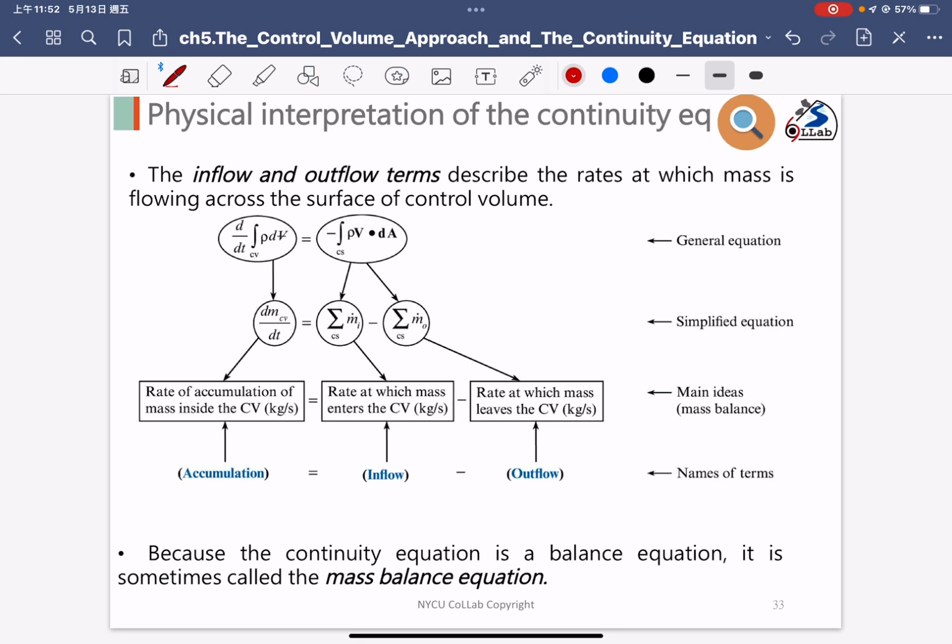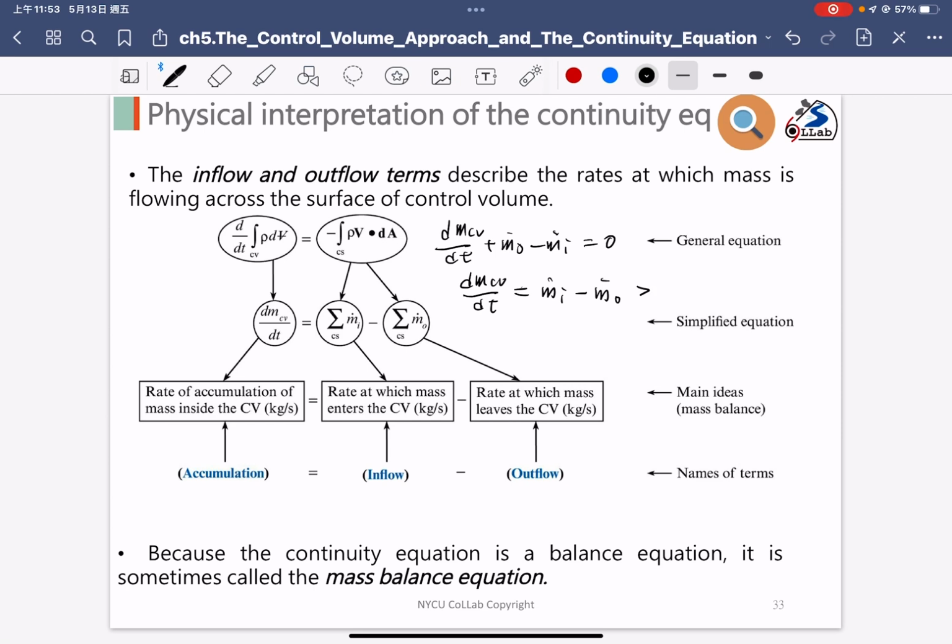So we can rewrite the equation: dm_CV/dt plus m out minus m in will equal 0, right? So we reorganize the equation: the m_CV change with time will equal m in minus m out.